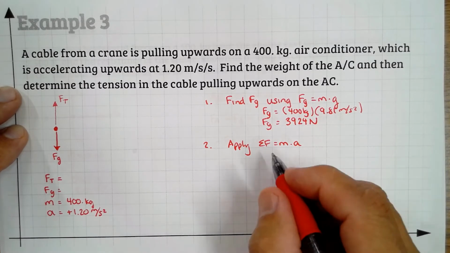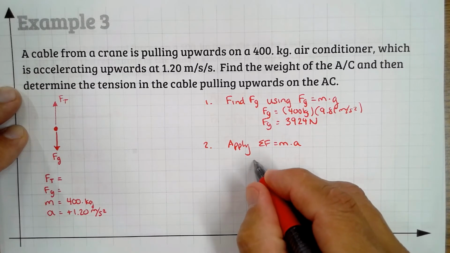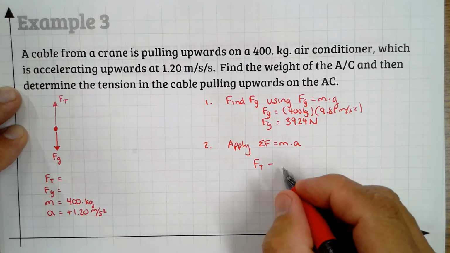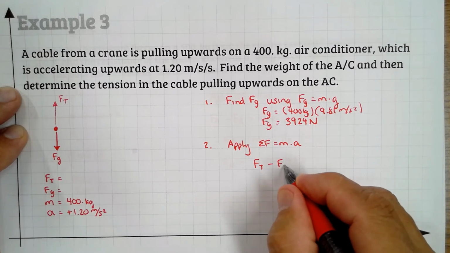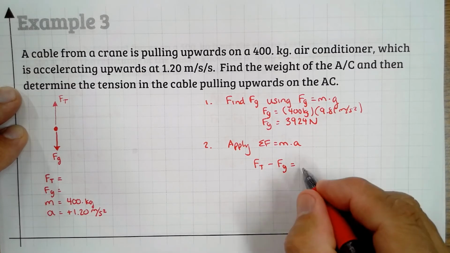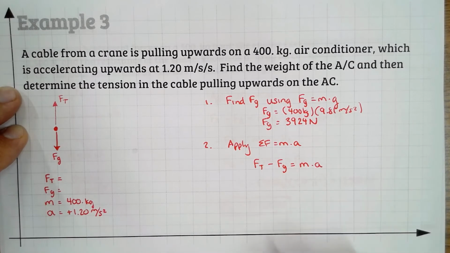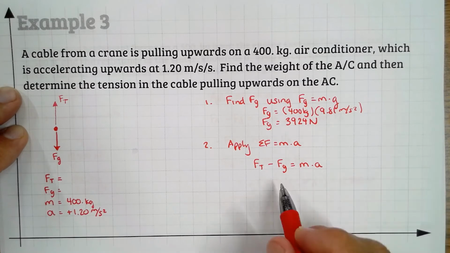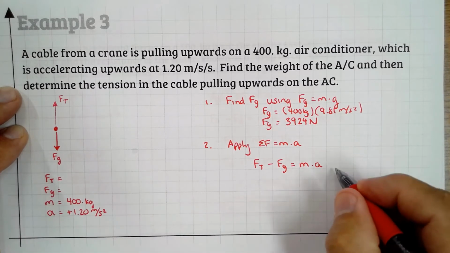So that's going to be F sub t minus the forces that are going down, which is F sub g, and that net force equals m times a. So we now have an equation that we can use, and we are trying to find the force of the tension.